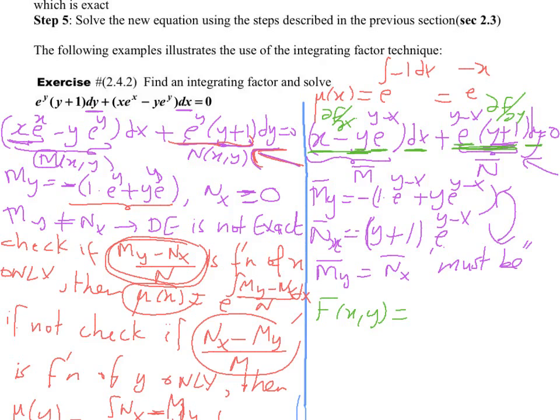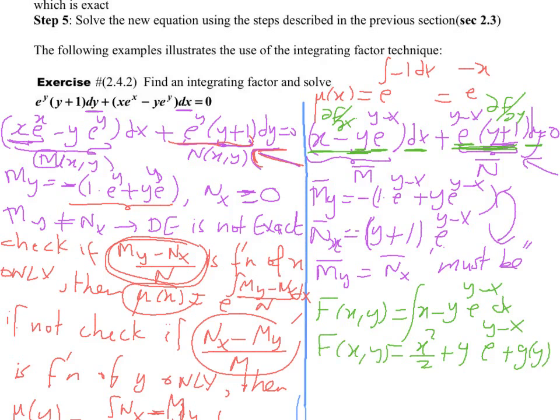So the first one, M bar, is easy to integrate. Integral of (x minus y) e^(y minus x) dx is equal to x squared divided by 2 minus y, which is constant, times the integral of e^(y minus x), which is e divided by the derivative of the power, which is minus 1, so this will become plus y e^(y minus x), plus a constant g of y. This is f.